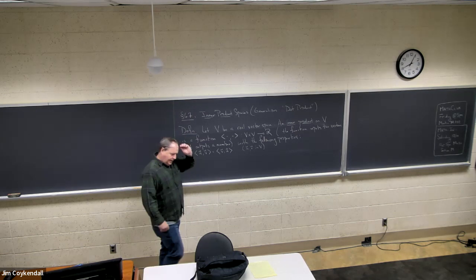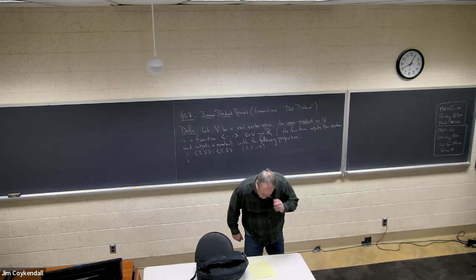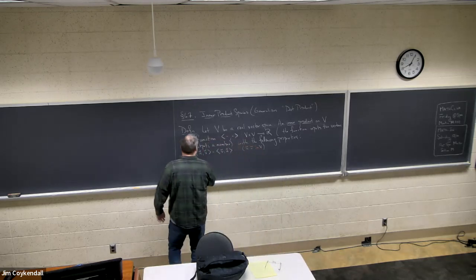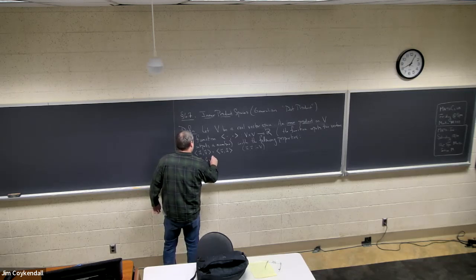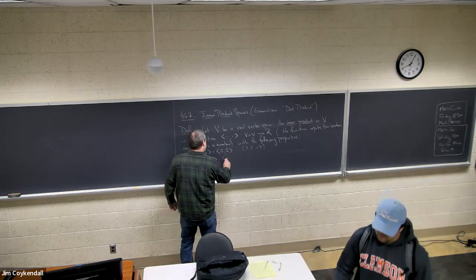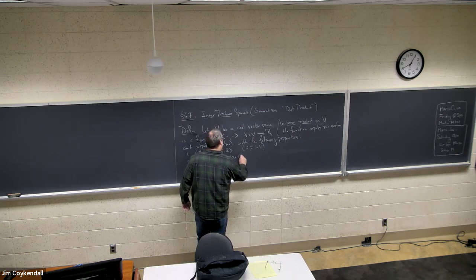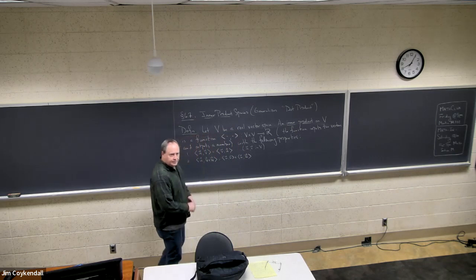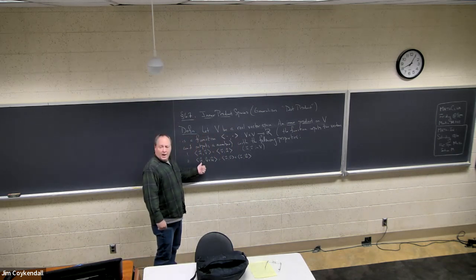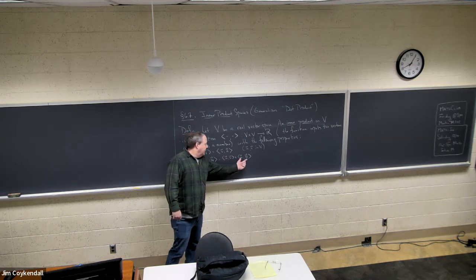Number two, I want this to be linear, actually. In other words, the inner product of u and v plus w is the inner product of u and v plus the inner product of u and w.